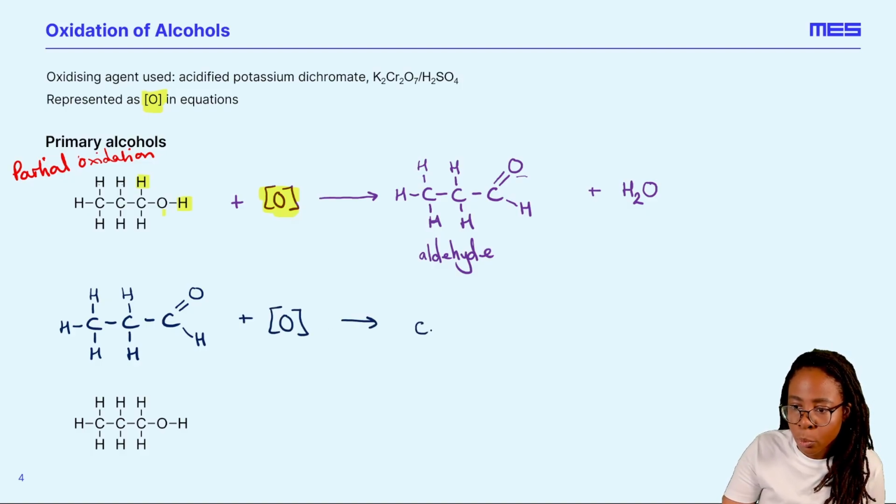So we'll end up with, for our functional group, C double bond O OH, which is our carboxylic acid functional group.